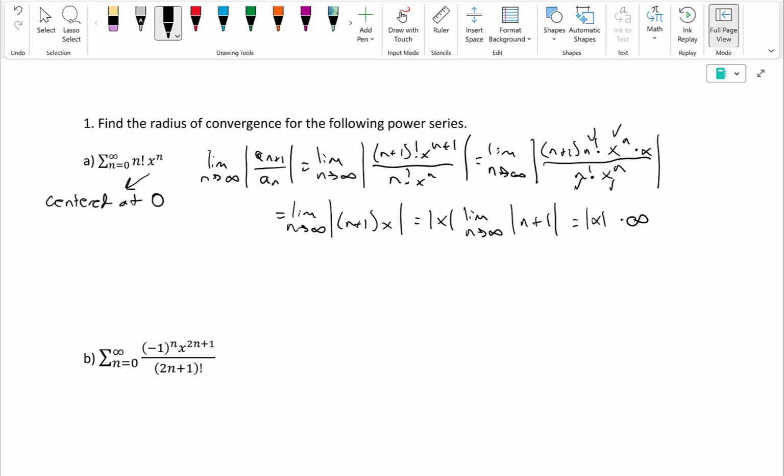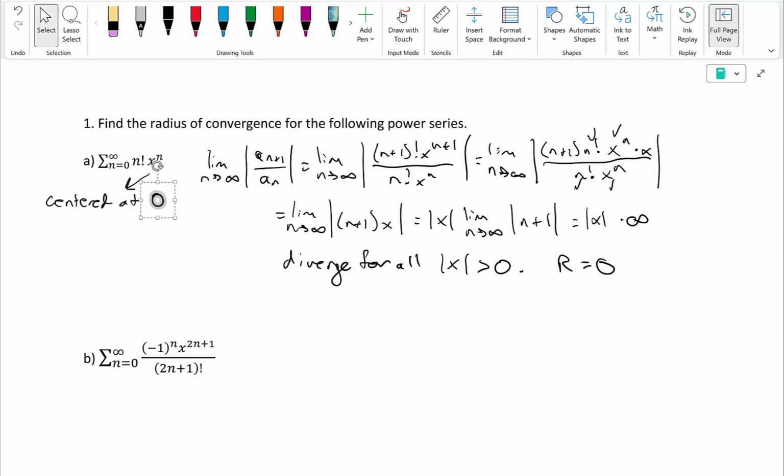And so since our limit here would be infinity, we diverge for all, let's put it this way, absolute value of x greater than 0, which would mean our radius of convergence is 0. Right? So we're not expanding in either direction. There's no other values that work, but we always converge at the center.